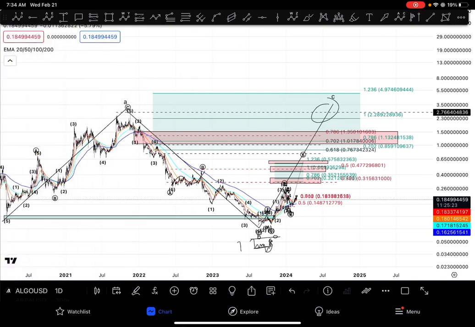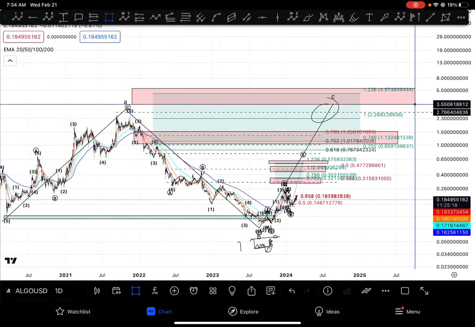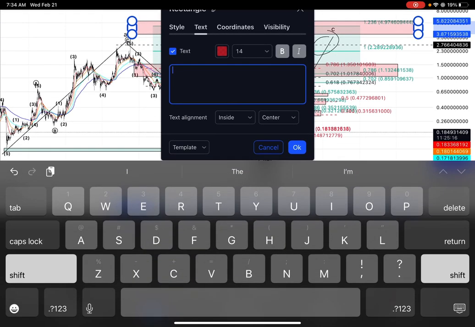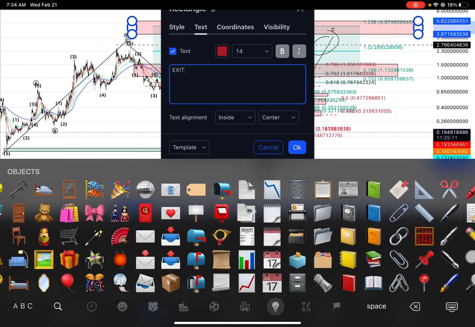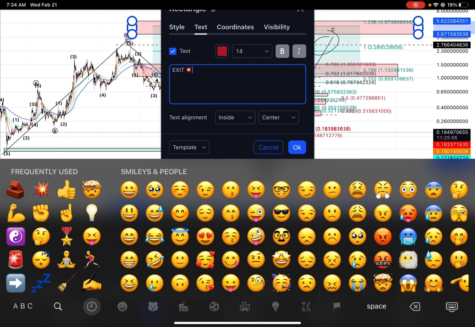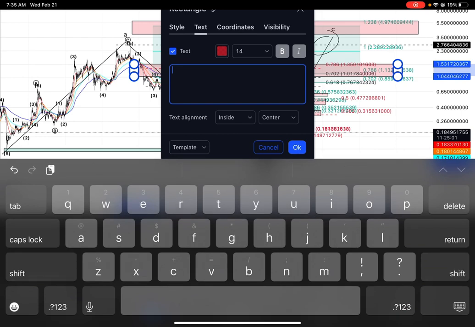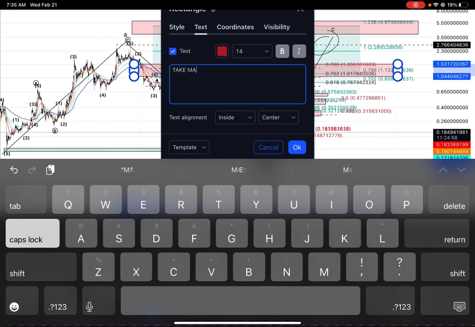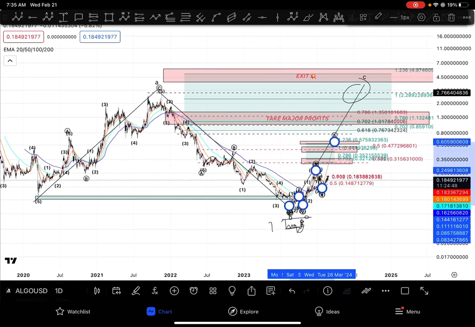So what I'm expecting is for us to come up here, sweep these highs, okay, this is your exit zone, and then this over here would be your take major profit zone.